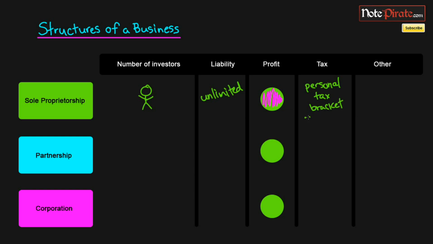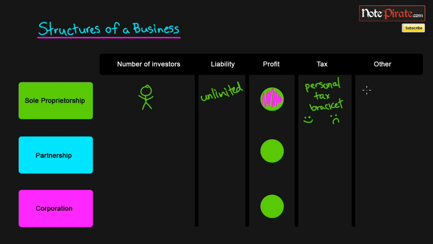If you make just a small amount of income, then it might be favorable. If you make a lot of income, then you'll be in a higher income tax bracket and you'll have to pay more tax. So that could be an unfavorable part of a sole proprietorship. They're part of the personal tax bracket.